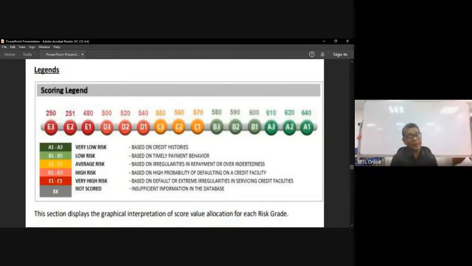So these are some of the methods recently introduced by the CRIB in Sri Lanka, in order to facilitate the smooth functioning of the credit business.